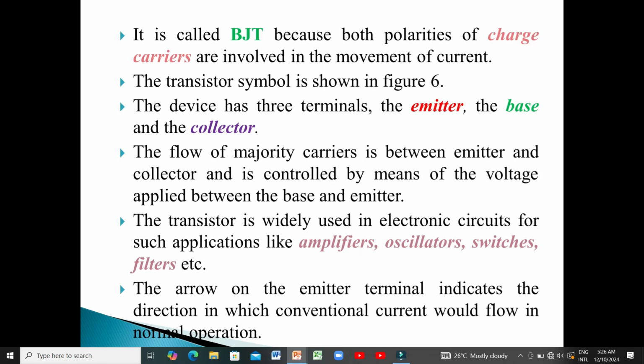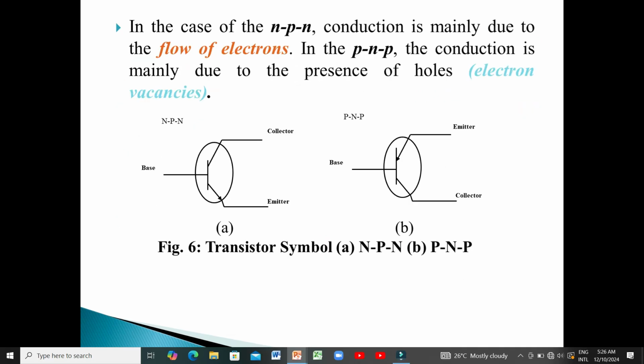The arrow of the emitter terminal indicates the direction in which conventional current would flow in normal operation. In the case of the NPN, conduction is mainly due to the flow of electrons. In the PNP, the conduction is mainly due to the presence of holes, that is, electron vacancies.